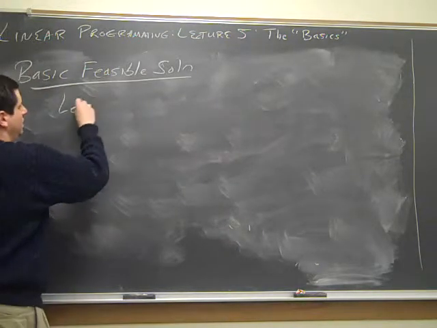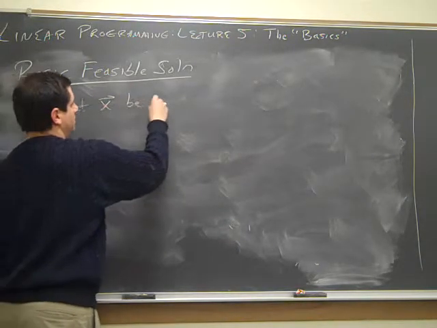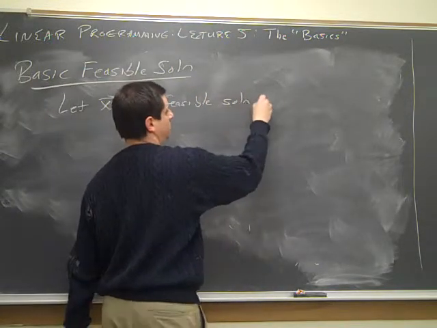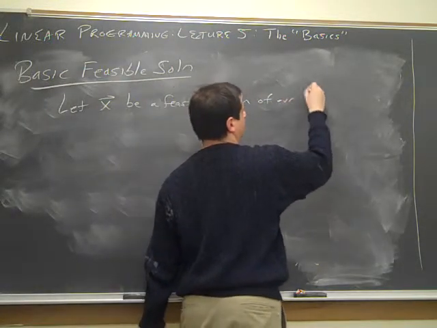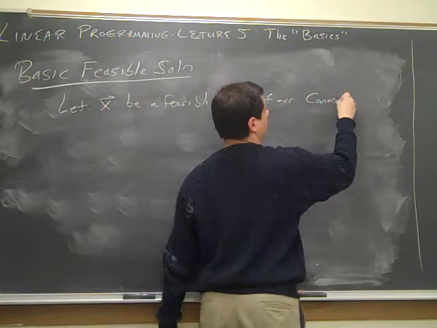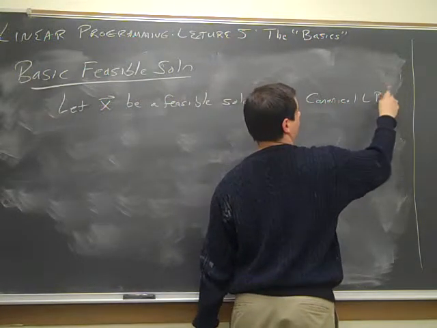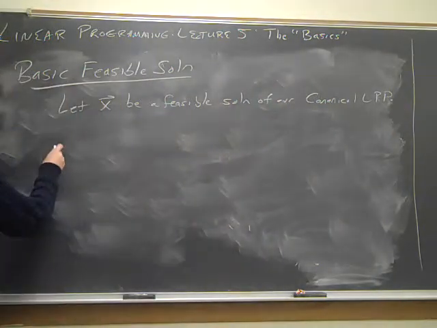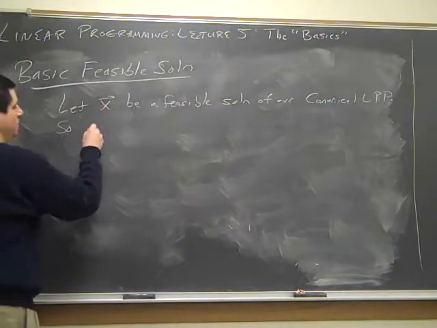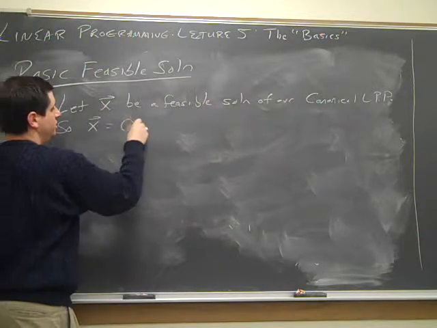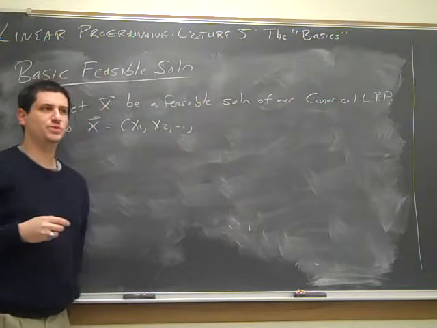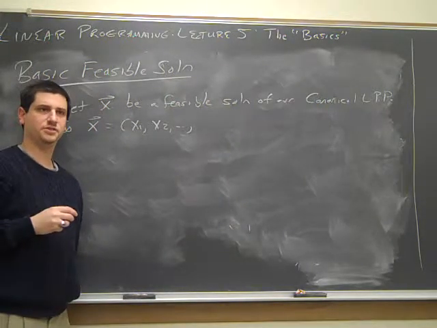So let X be a feasible solution of our canonical linear programming problem. So X equals x1, x2, and I always forget, did we say X has m coordinates?